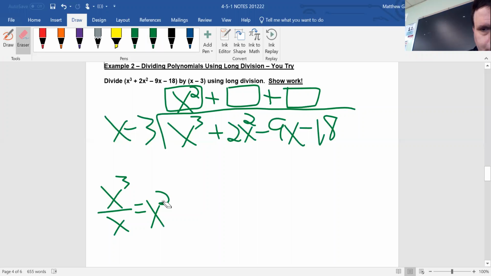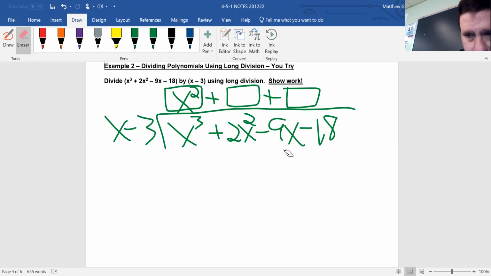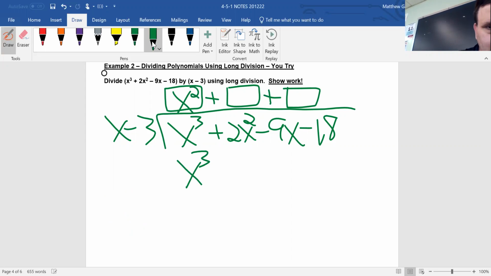And then the distributive property. x squared times x is x cubed. x squared times negative 3 is negative 3x squared.